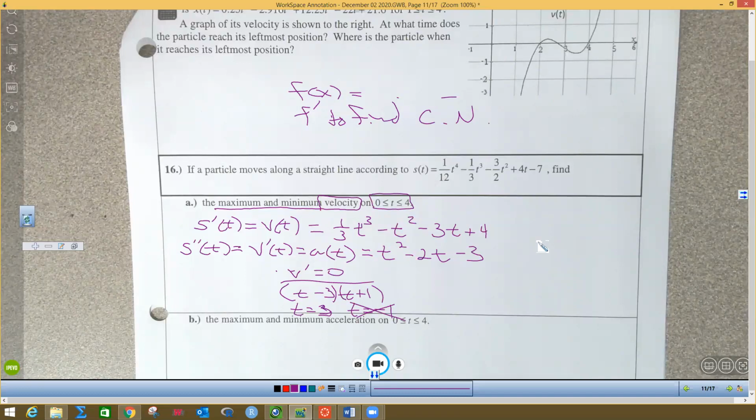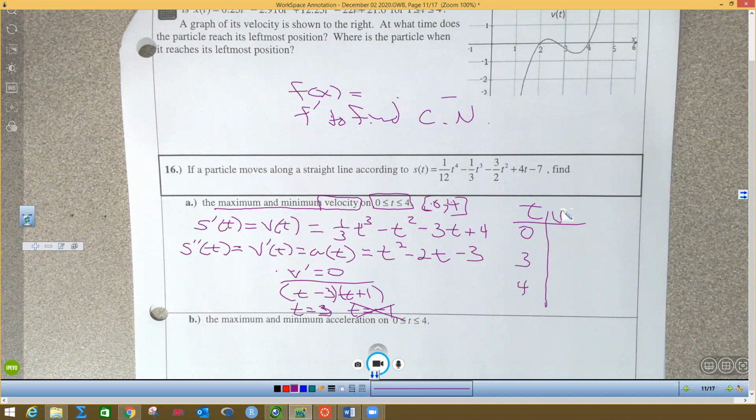So the critical numbers that we're going to plug in, the critical times, are this 0 endpoint, this 3, and that 4. The endpoints, and then notice they've got equal signs here because that is the same as saying include the endpoints. So that's the same as saying this because they have equal signs. These two things mean the same.